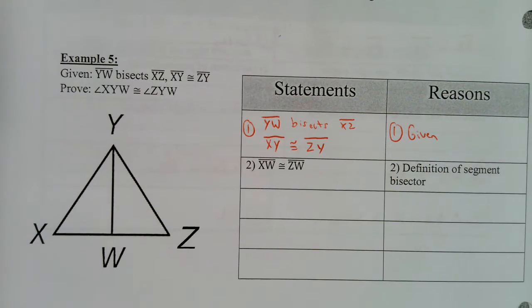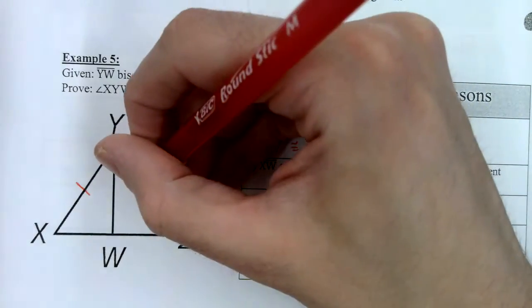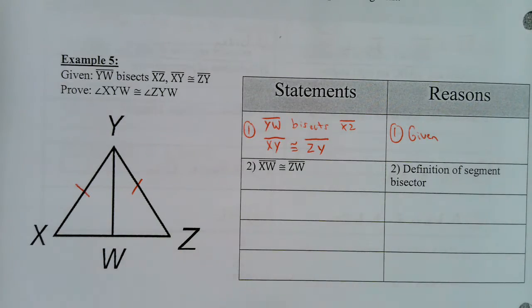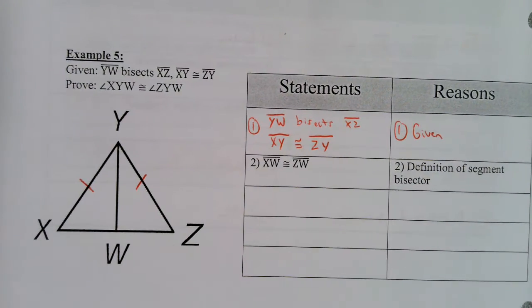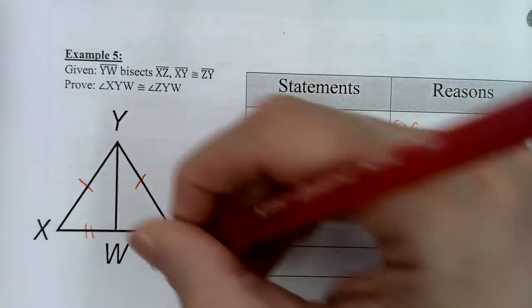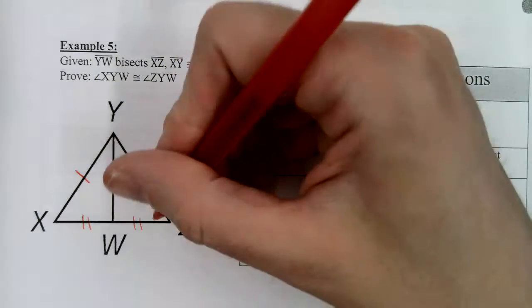So XY is congruent to ZY. Let's label that on the diagram. It says that XZ is bisected, so XZ is cut in half. So that's why the next statement says XW is congruent to ZW. Definition of segment bisector. Okay.